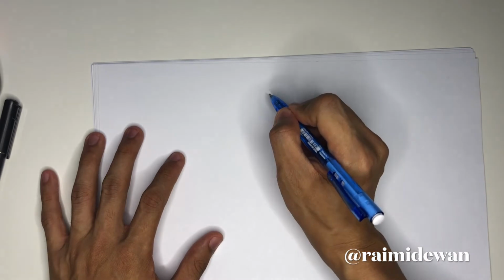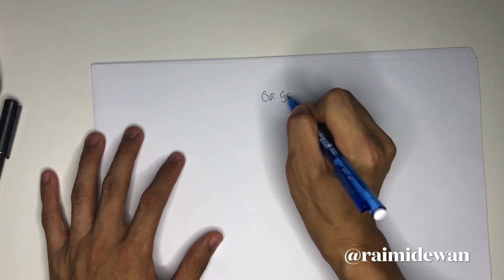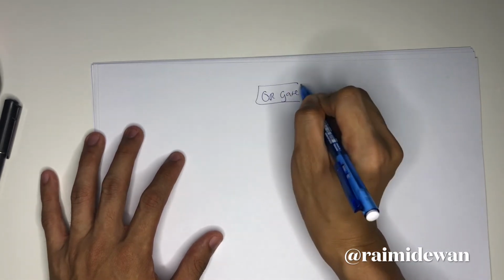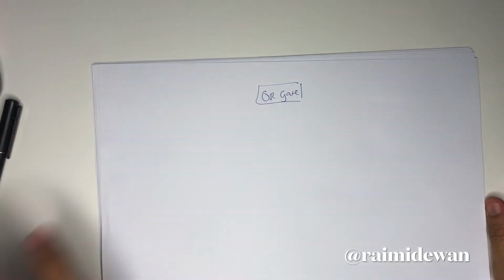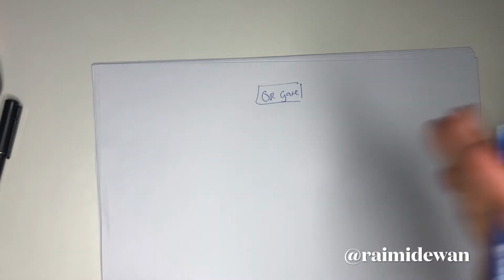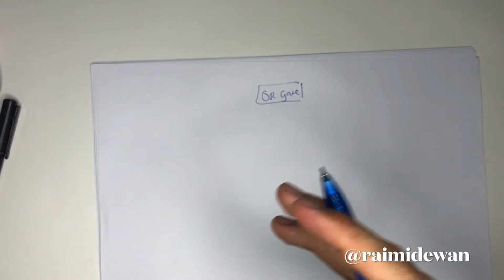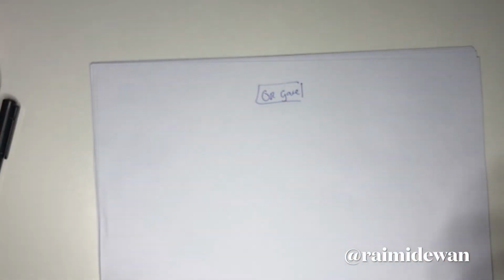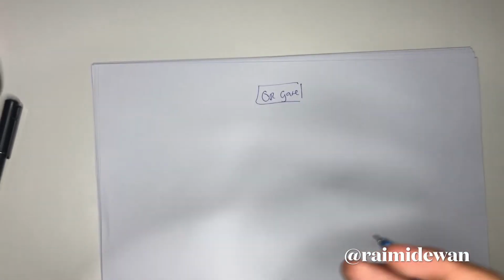Next we go to the OR gate. From the word OR you can know that at least one input will give an output of 1.